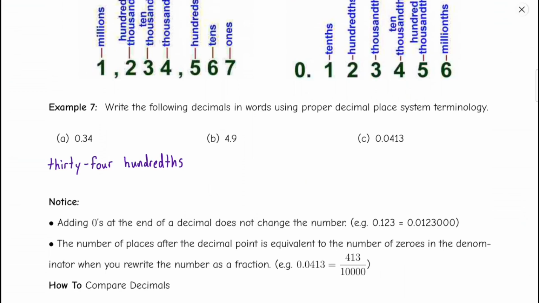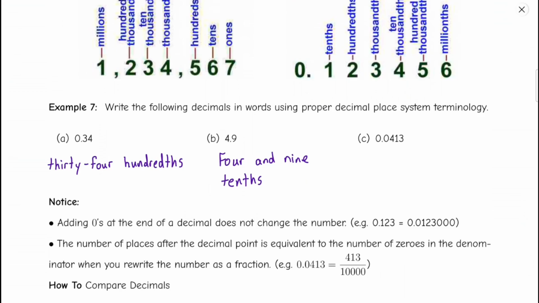4.9. Well, 4 is just 4. Then you use the word and to indicate a decimal point. And then 9 is in the tenths spot, so 9 tenths. 0.0413.